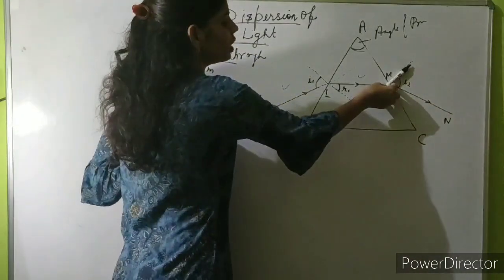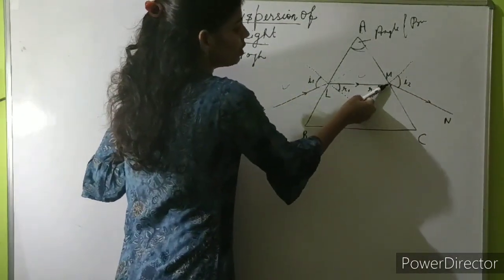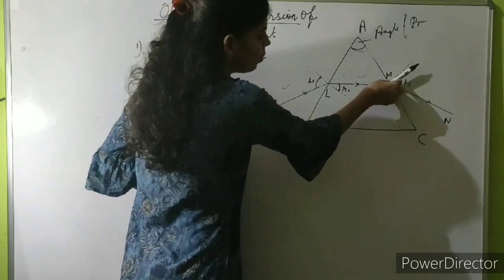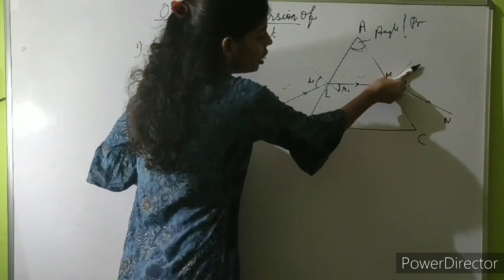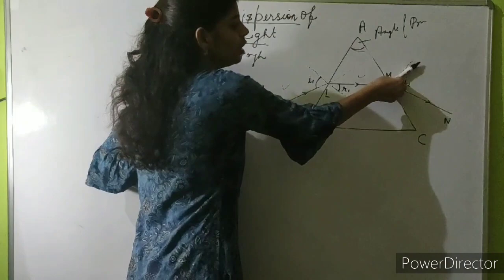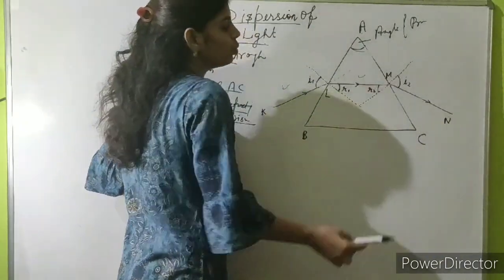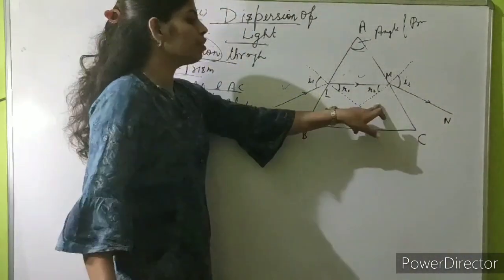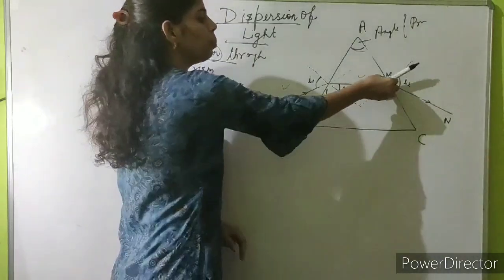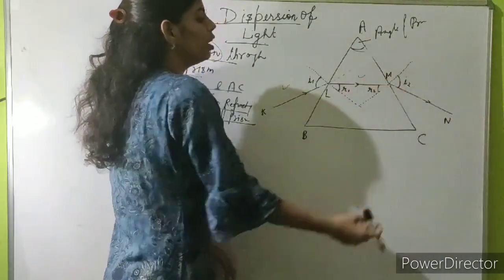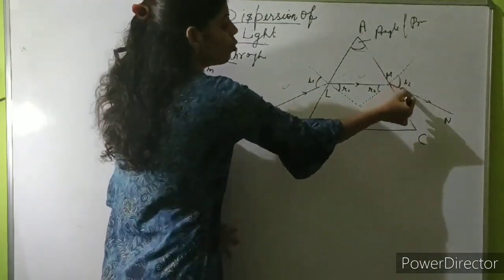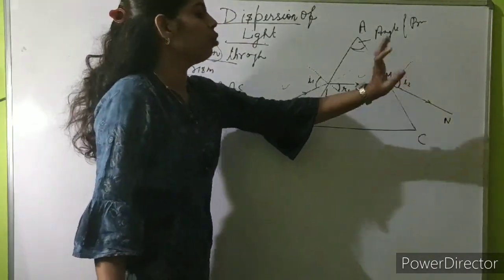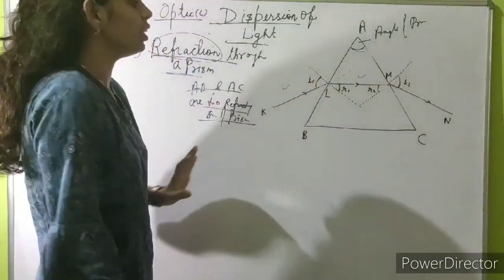So you can see here, this should be its path. ये अपने path से normal से क्या हो गई है, अवे बैंड हो गई है. अगर नॉर्मल की तरफ बैंड होती तो ऐसे होना चाहिए था. Because this is going from the denser medium to the rarer medium, it bends away from the normal and goes out from the medium at an angle of I2. So this is the scenario.